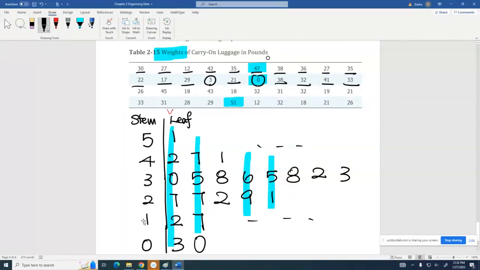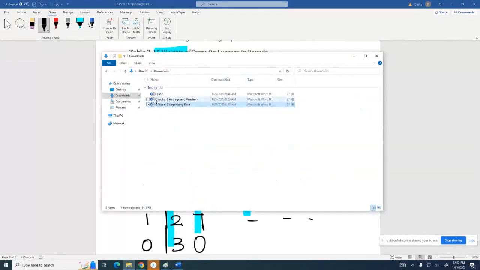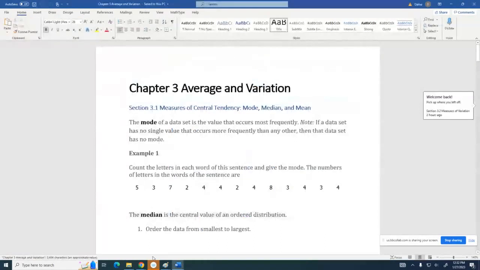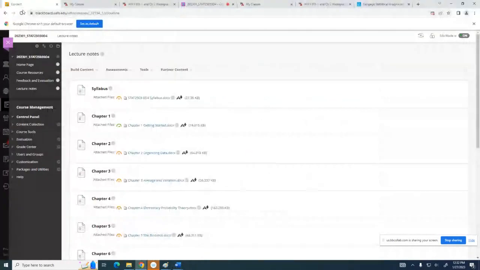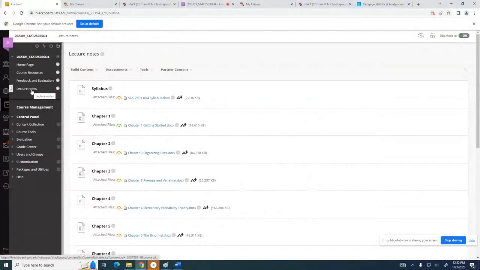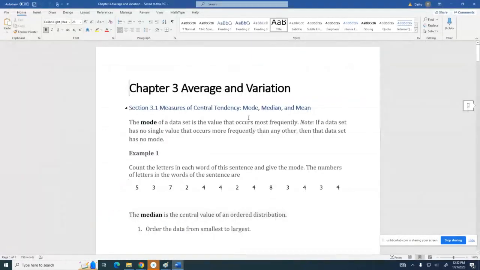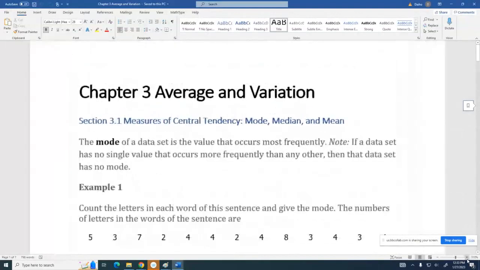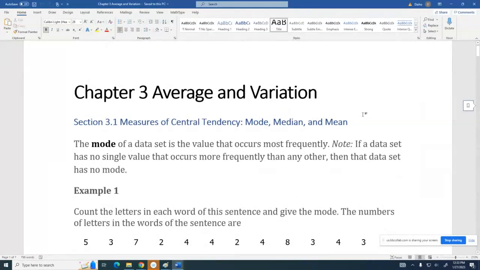Okay, then let me go to chapter 3. It's the same thing. When you go to the lecture notes, here's chapter 3. In chapter 3, we are going to describe the distribution again. But before, in chapter 2, we did picturing, right?